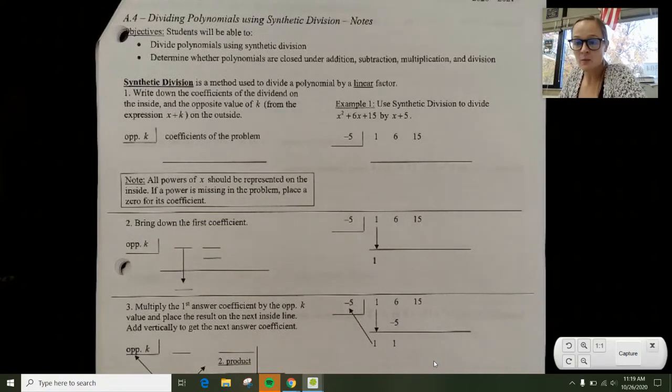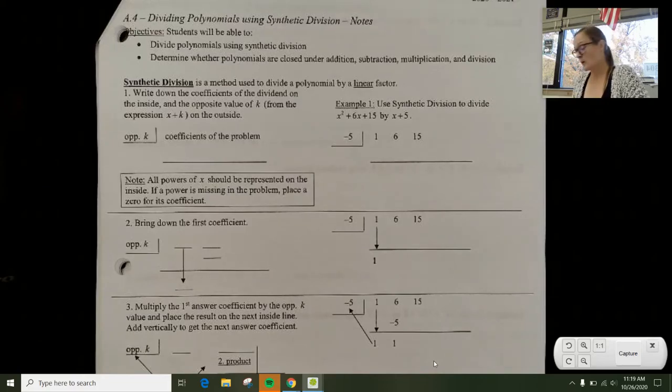So in the past we have done polynomial long division, and that was open to any polynomials you're given. So you could use polynomial long division for any problem you're given. Synthetic division, we are only going to use when we have a linear factor.